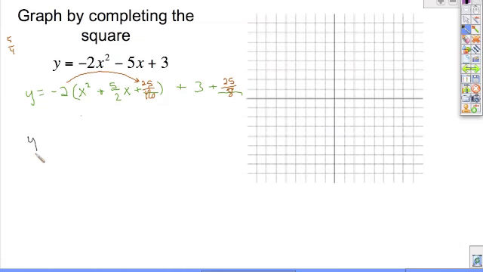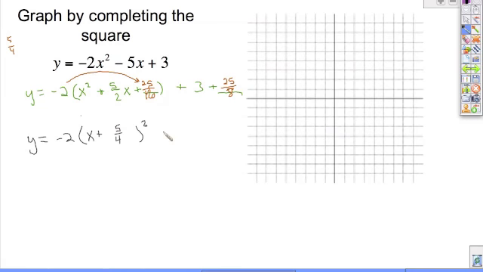But in doing this, I've been able to factor this into something squared, and that something is going to be x plus 5/4, the thing that I had squared originally.